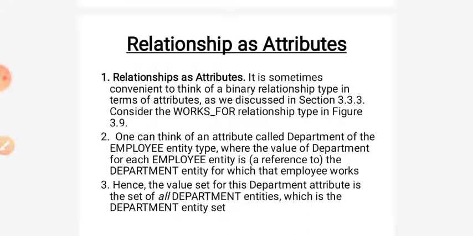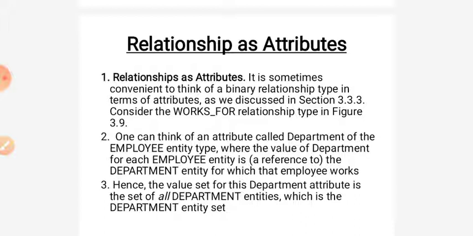Consider the works for relationship type in figure 3.9, that is what you studied in the previous session. Point number 2. One can think of an attribute called department of employee entity type, where the value of department for each employee entity is a reference to the department entity for which that employee works.